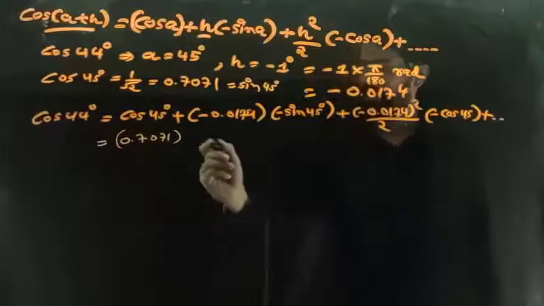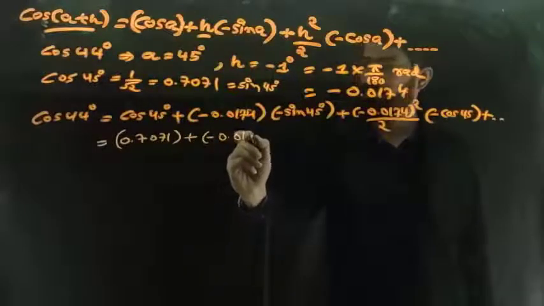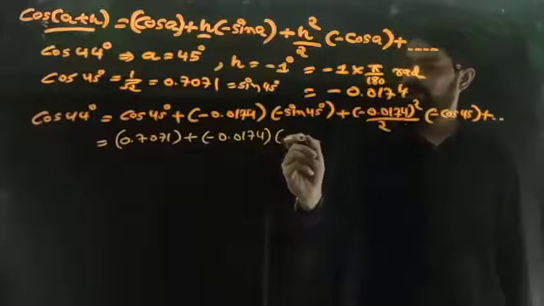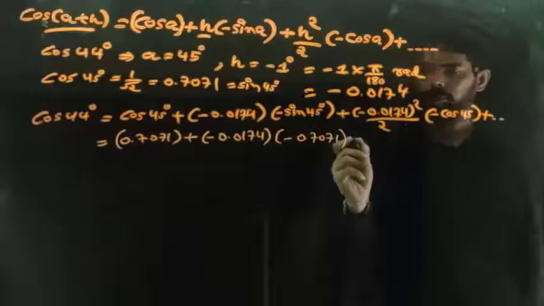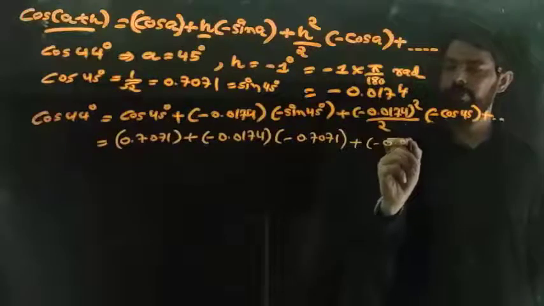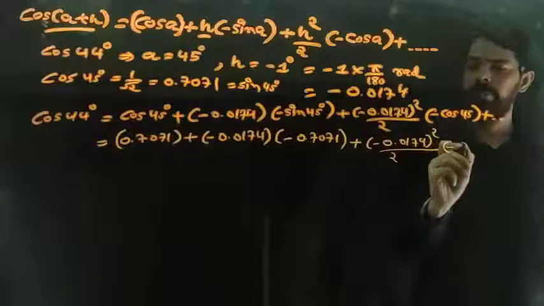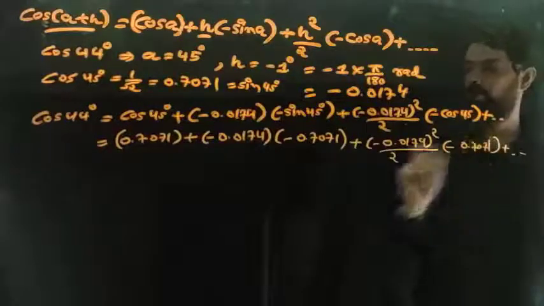So here we will write down 0.7071 plus (minus 0.0174) into minus 0.7071, plus, this will be as it is, (minus 0.0174) whole square divided by 2 into minus 0.7071, plus so on.